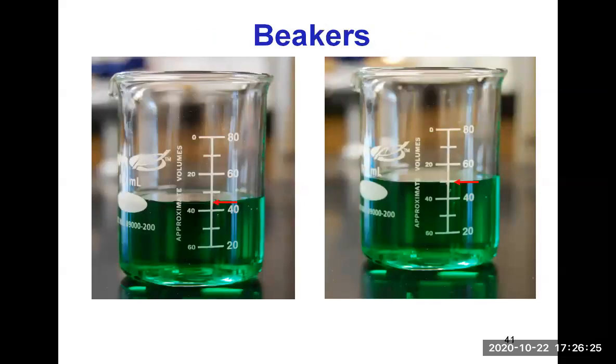When you read beakers, beakers are very uncertain volumes. They have very few lines, and so that makes them less precise tools to measure volume. So let's start with the left beaker here. You can see that the lines are marked every 20s, but there is also a line every 10s.